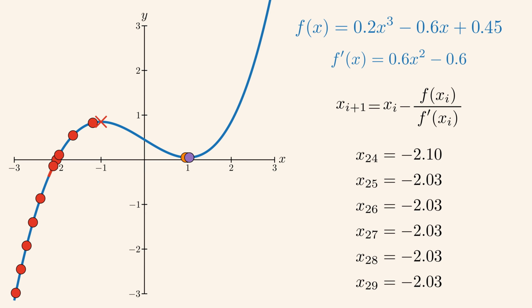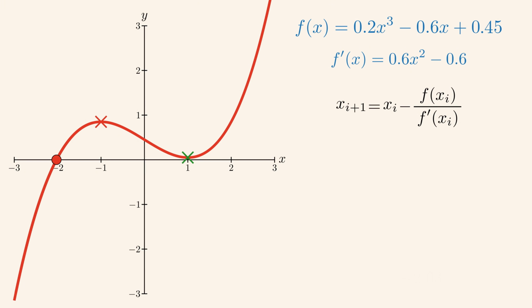If we start from values to the left of this maximum, then we converge smoothly to the root without running into the same difficulty. Keep in mind that no matter what starting value we choose, we always converge to the same root in this case, which is the red one.